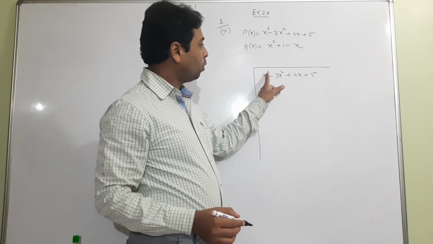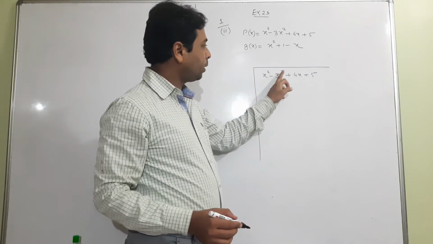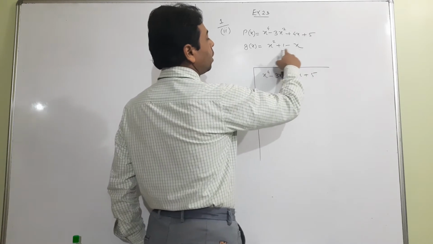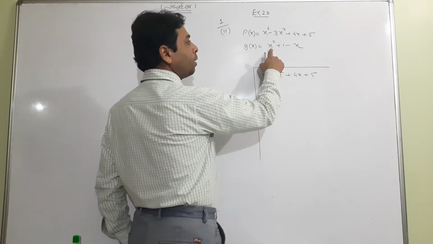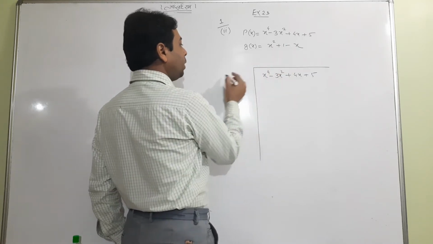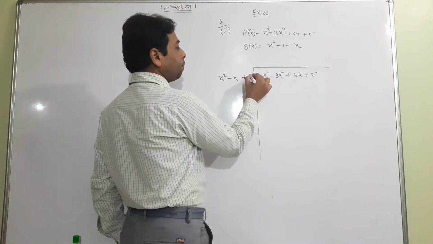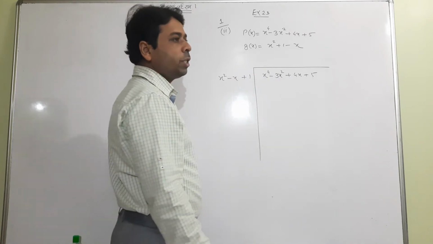It should be in decreasing order of powers of x, like x to the power 4, then 2, then 1, and then the number. For the dividend and divisor, the same thing will follow. x square first will be written, then minus x, and then 1. Now we have to divide it.